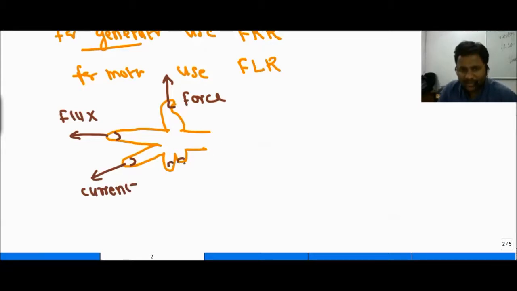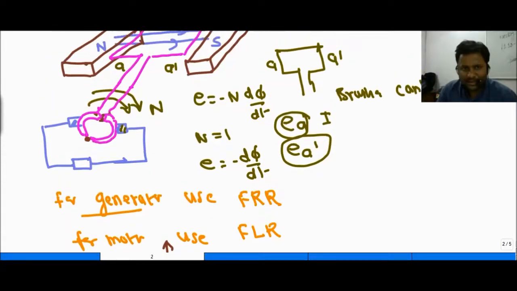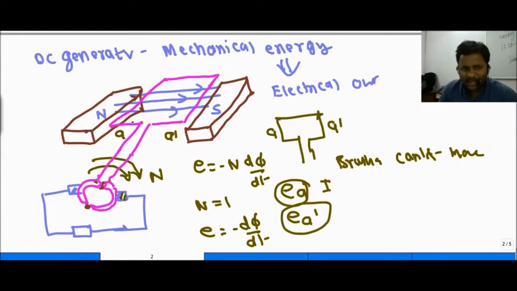Applying this rule in this condition, the force in conductor A is upward and in conductor A dash is downward. With the forefinger along the flux, we can observe that the direction of the current produced in conductor A is cross and in A dash is dot.